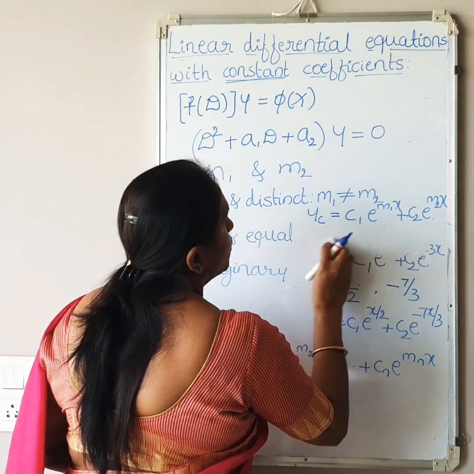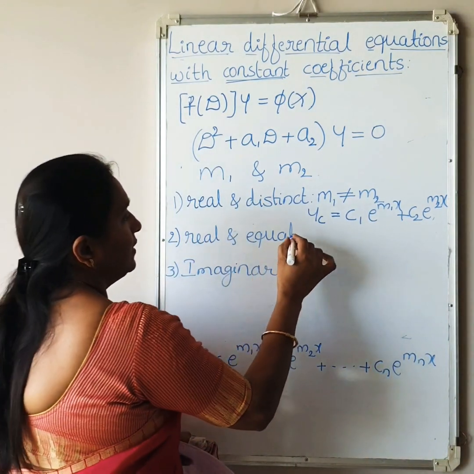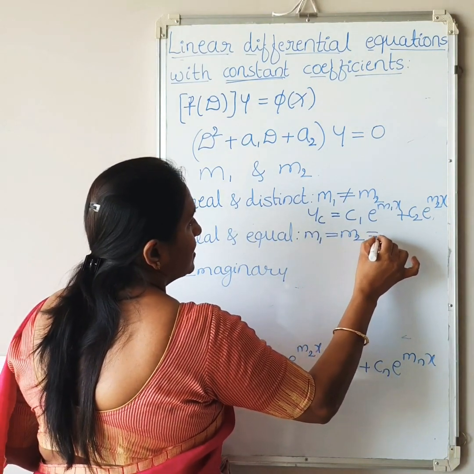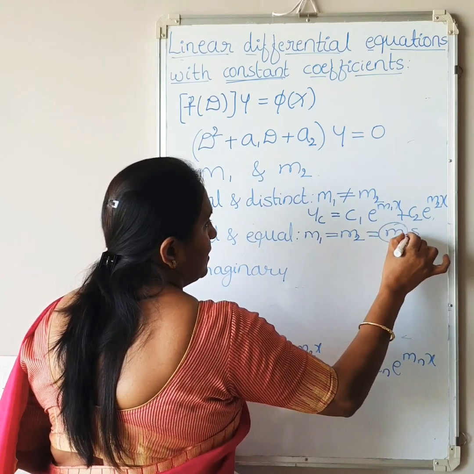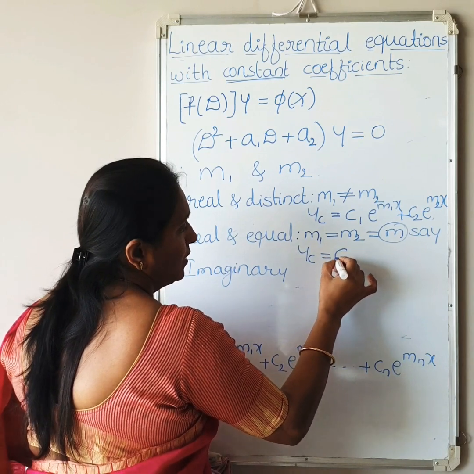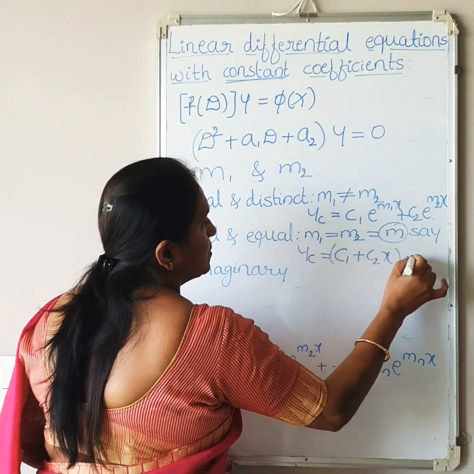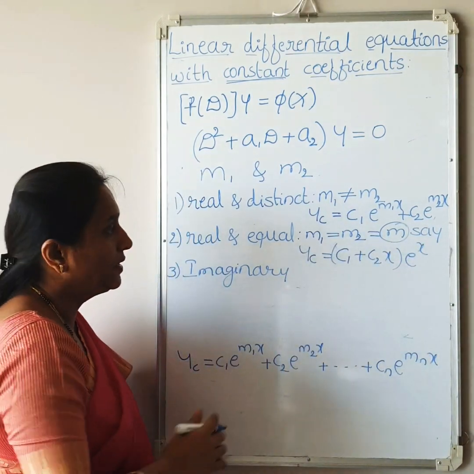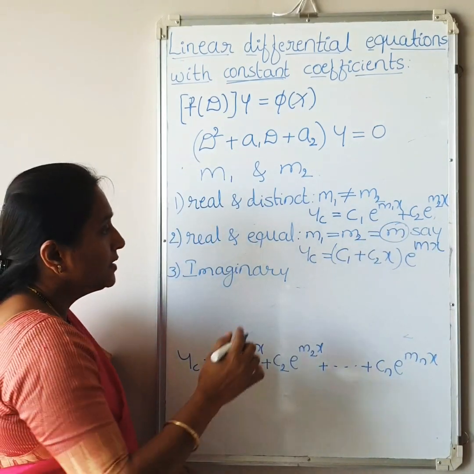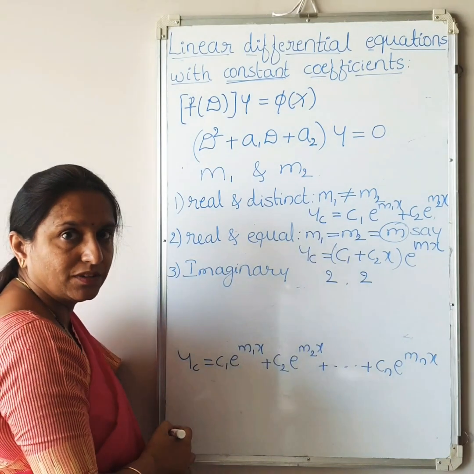Next, if roots are real and equal, that is m1 is equal to m2, say m, then its complementary function is yc is equal to (c1 plus c2x) e raised to mx. Again, take one example: 2, 2 are the roots of the equation.